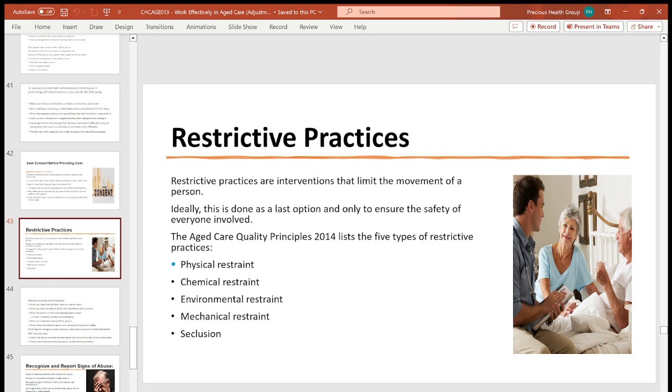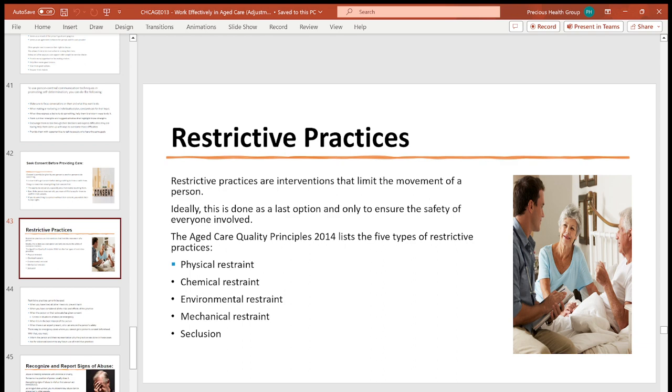1. We have physical restraint. Physical restraint is, just as it's stated, a way of preventing someone from moving from one side to the other. Chemical restraint involves the use of medication to reduce the level of activities that a person is showing.